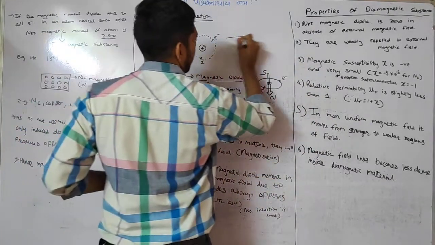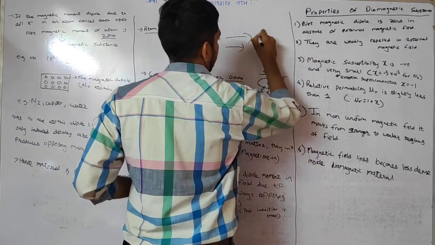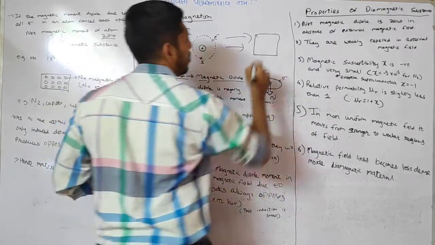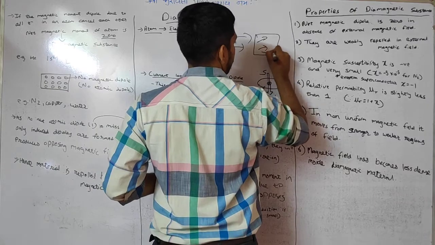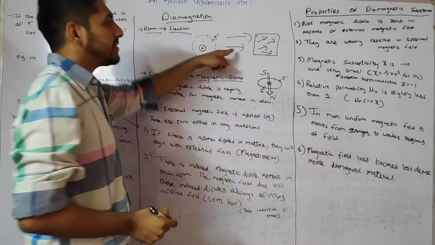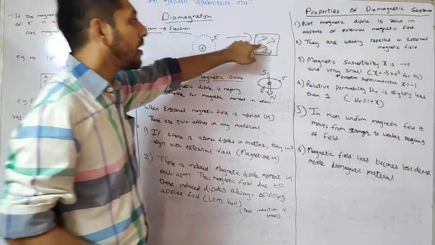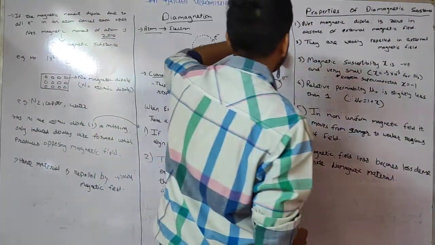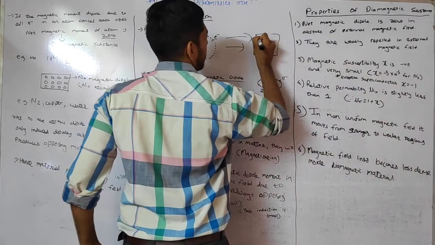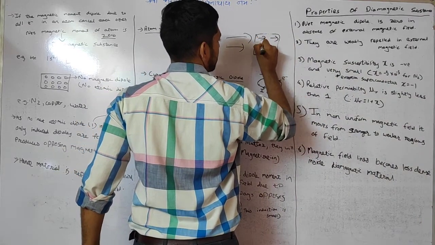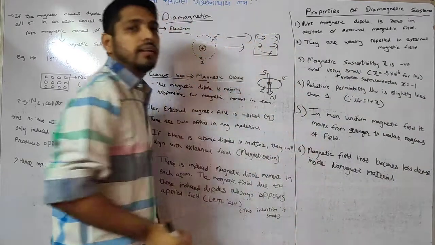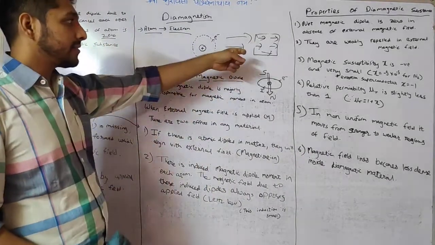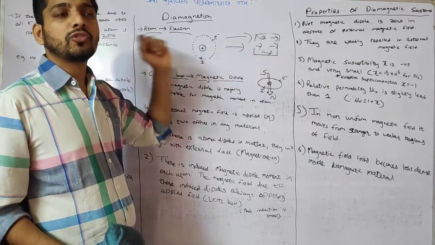Suppose we have an external magnetic field, and here we have atomic dipoles in different directions. The external magnetic field will try to align all the magnetic dipoles inside it in its own direction, that is, in this single direction.